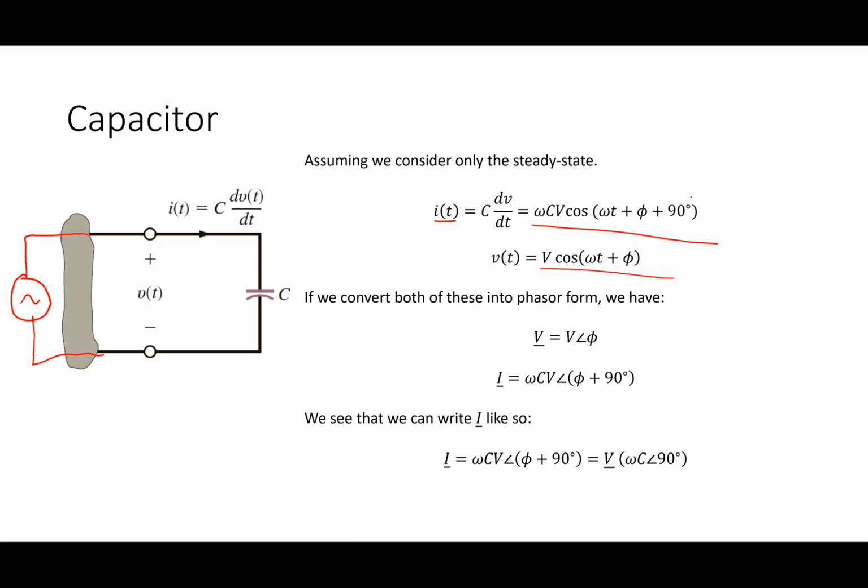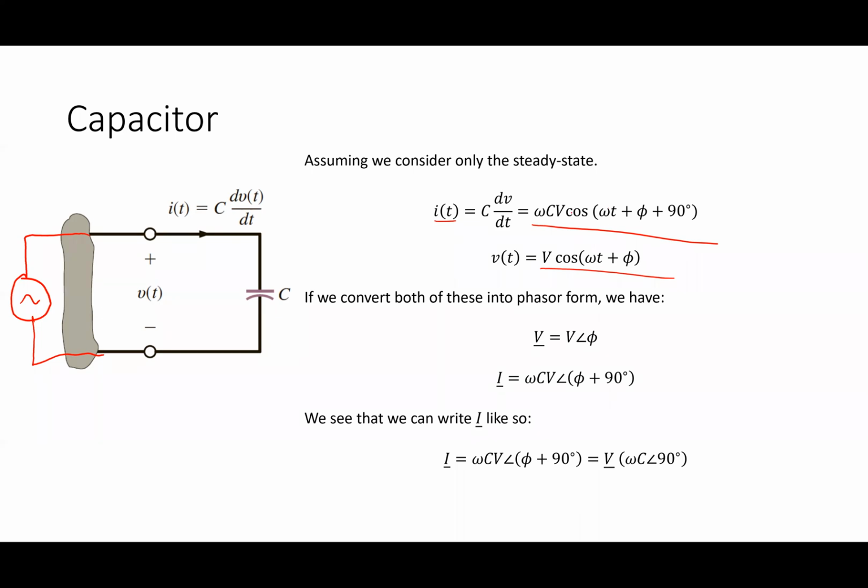Now, looking at that, what's the relationship between I of t and V of t? There are three things that relate them: an amplitude, a frequency, and an angle. What's true about the frequency of that current and that voltage? They're the same. If I put in something that has cosine with a certain frequency, I get out cosine with that same frequency. What about the amplitude of the voltage and the amplitude of the current?